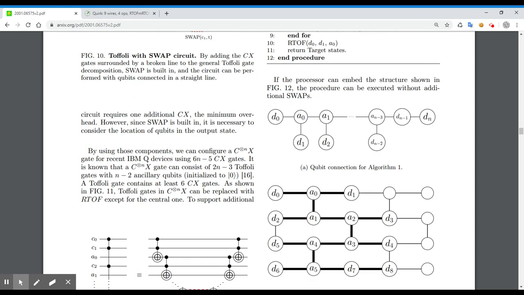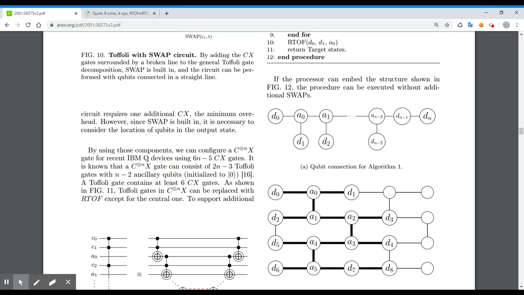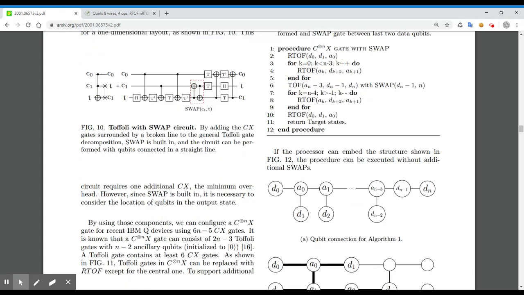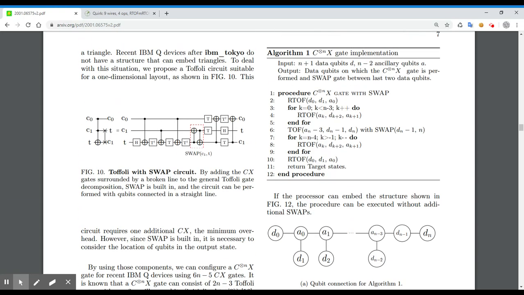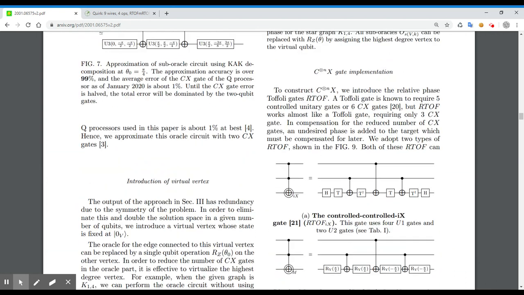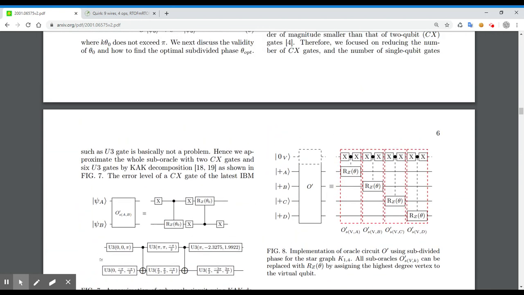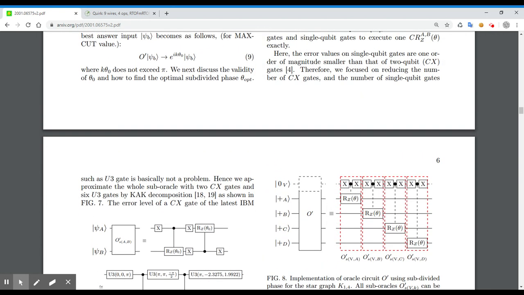By using those components, we can figure out, okay, so that's really not clear to me. One additional controlled X gate, the minimum overhead. How is this built in? It's necessary to consider the location of the qubits. There doesn't seem to be a motivation for that either, or at least I can't find it.